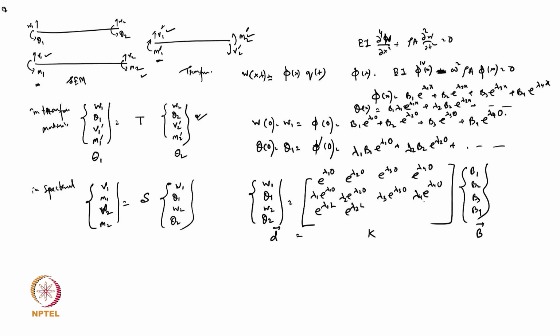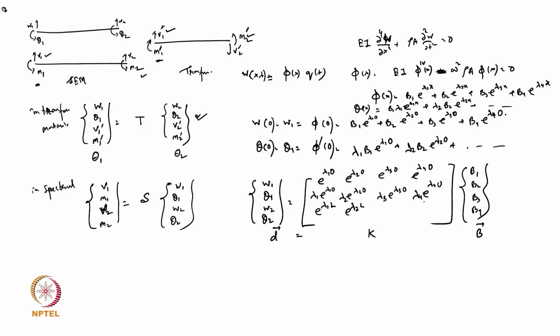This k matrix, please pay attention, is a definite matrix. All the terms are defined, because e to the power lambda 1 0 is nothing but 1, since it is e to the power 0. Similarly lambda 1 into e to the power of lambda 1 into 0 will be lambda 1 only. Then the next term e to the power of lambda 1 L is also a definite value.